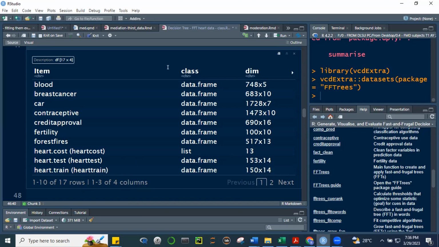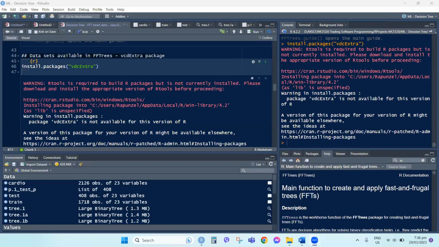Okay, so any questions about yung vcdExtra na ginamit natin? Nakuha nyo to? Sir, hindi ko siya na-install. May message siya. Okay, sige, stop share. Tingnan natin. Let me see. Anong sabi? Okay, Rtools is required to build.